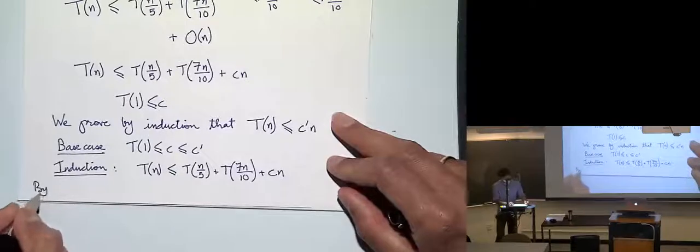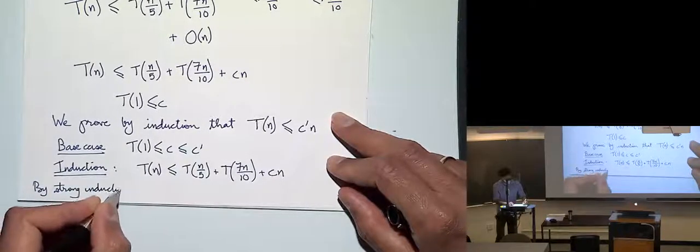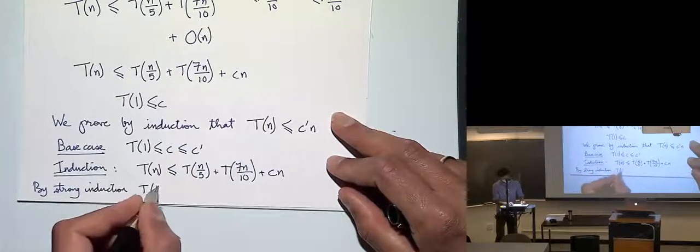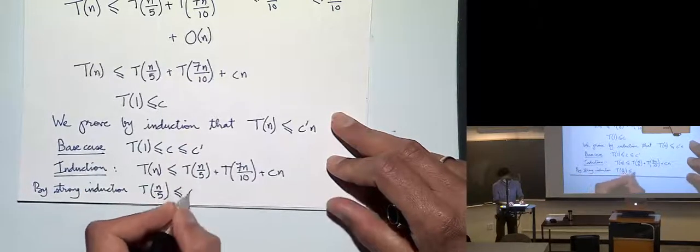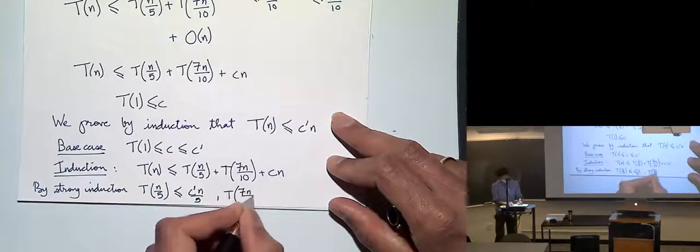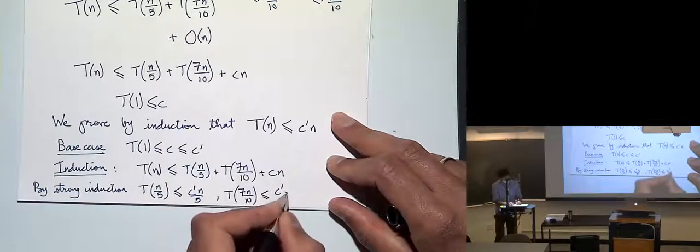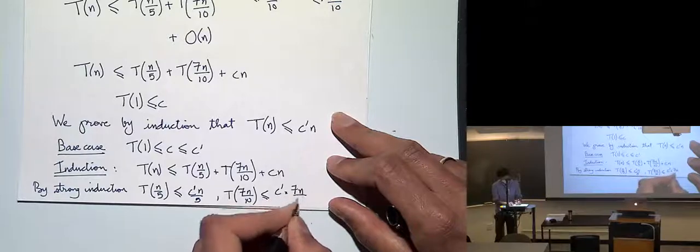And so by strong induction, T(n/5) is at most c'n/5, and T(7n/10) is at most c' times 7n/10.